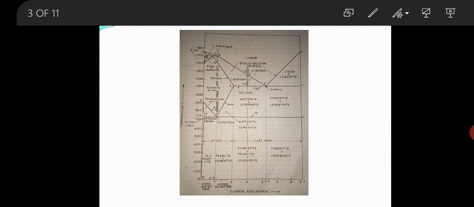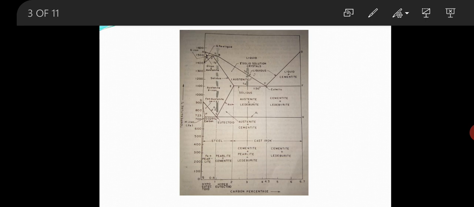Next, you can draw the inner triangle where the iron exists in delta form. That temperature, if you remember, you can draw the delta form triangle, and the ABH triangle is delta iron plus liquid, and this HJB line is a peritectic reaction line where austenite forms.